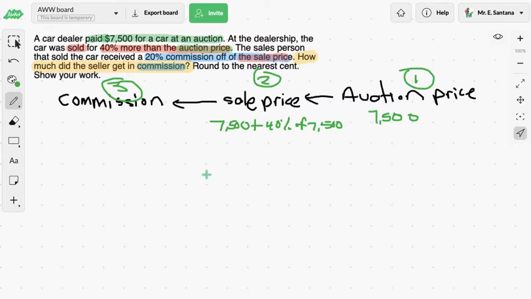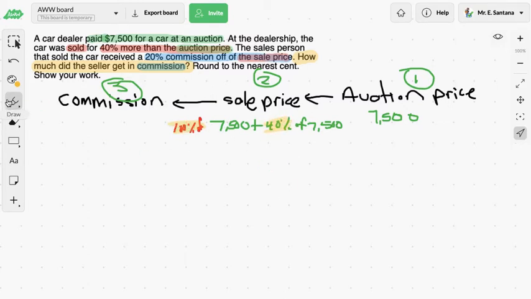To keep it short and simple, this is 100% of 7,500, and this is 40.